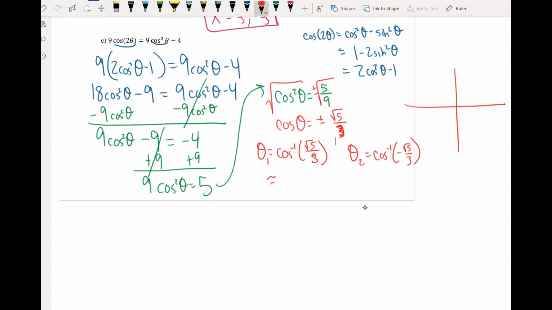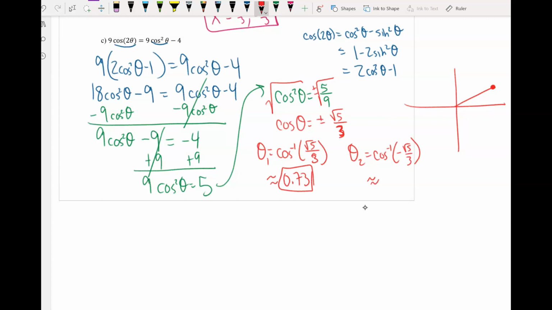Okay, so let's see what that gives me. So if I go into my calculator, cosine inverse of square root of 5 over 3, that's going to give me about 0.73 radians, which is basically in quadrant 1. So this is one solution.